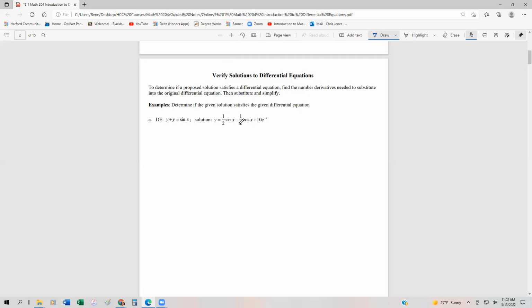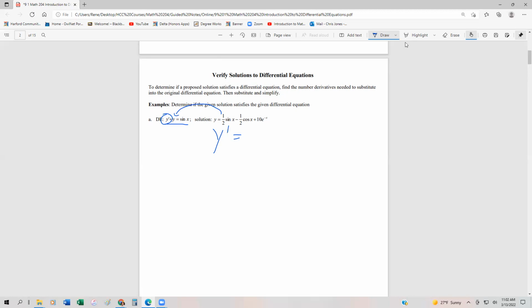Okay, a really basic example. This is our differential equation, y prime plus y equals sine x. The proposed solution is 1/2 sine x minus 1/2 cos x plus 10 e to the minus x. Let's find the derivative of that first, because we can easily substitute y back in, but we need the derivative to substitute y prime.